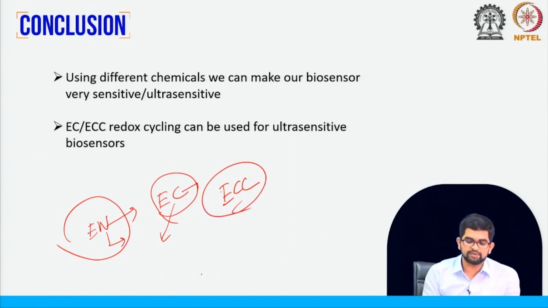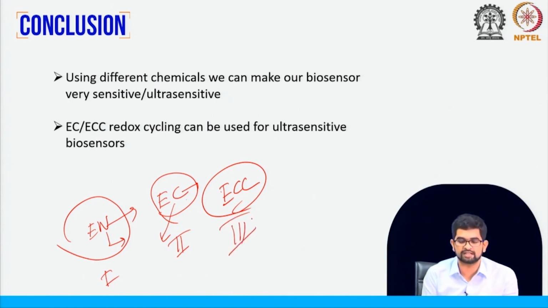If you see many examples, I will show you in the next classes a few more examples and more practical applications where we can use this EN, EC and ECC redox cycling. I will give you some practical examples in the next class where you can see that we can easily amplify the signal, and there are lots of applications.